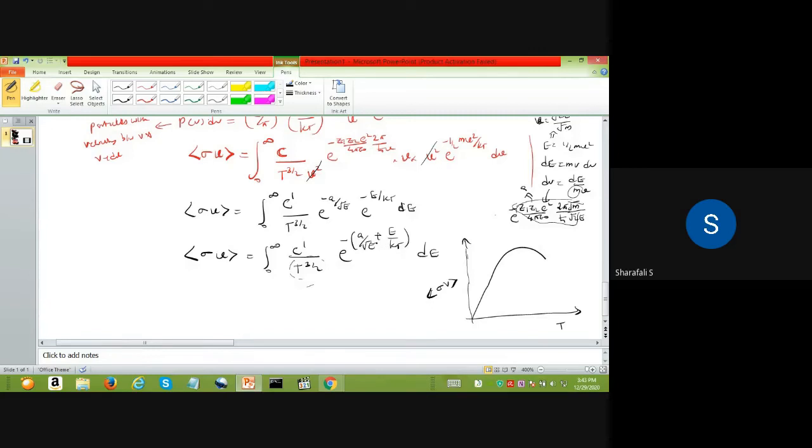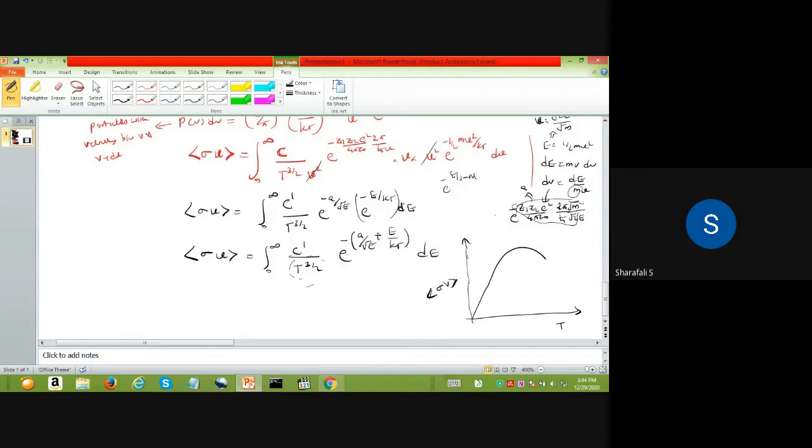You can just substitute, or you can look here. When your T is small, you'll get minus E by some small value here, which means it is approaching e raised to minus a higher value. So that is approaching 0. So this term approaches 0 when T is small.